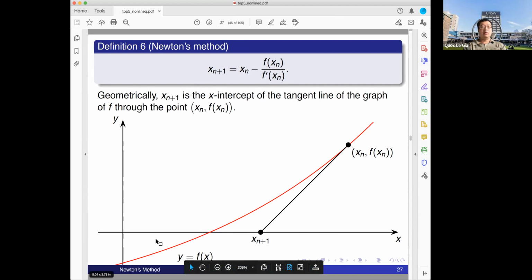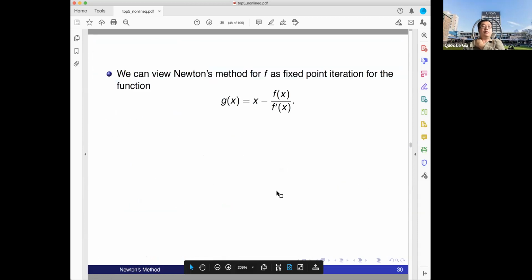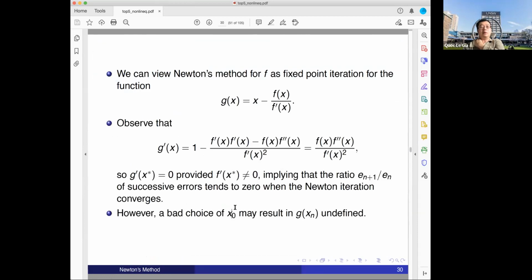Or even here, the tangent line, suppose this function is going down like x squared, and somehow the tangent line is parallel to the x-axis, then I have no convergence. So that's why Newton method is very sensitive to the initial guess.